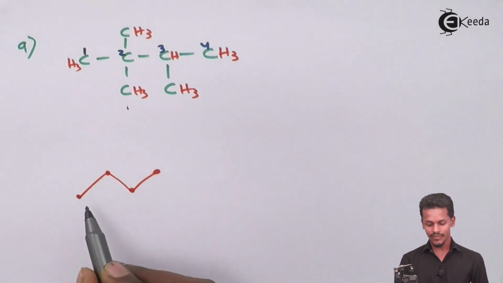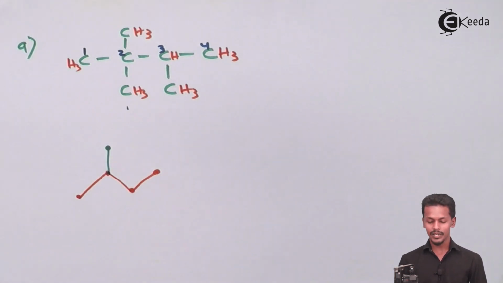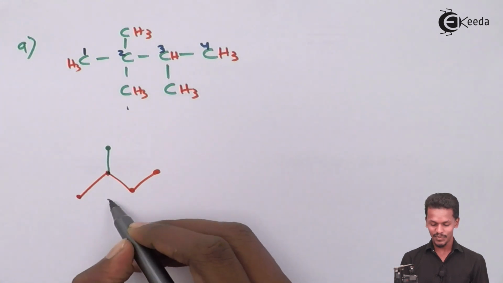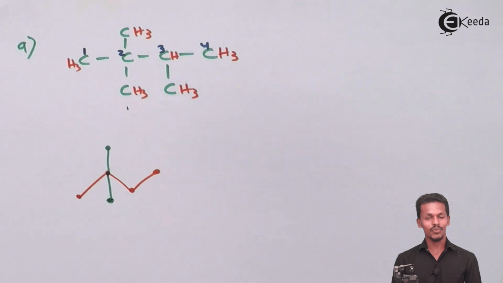So if this is the first and this is the second, a methyl group is attached on the second carbon atom. Again, a methyl group is attached on the second carbon atom. And on the third also, there is a methyl group attached on the third carbon atom. So we could call it in this manner also.